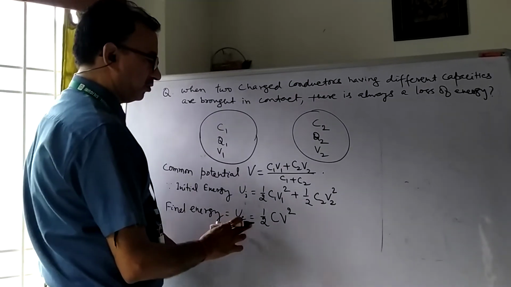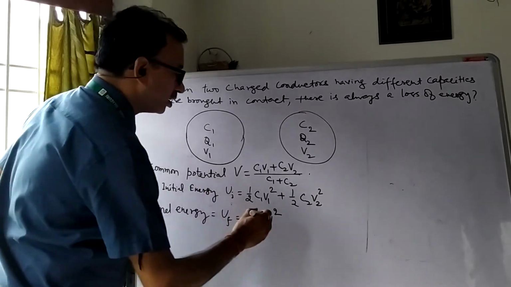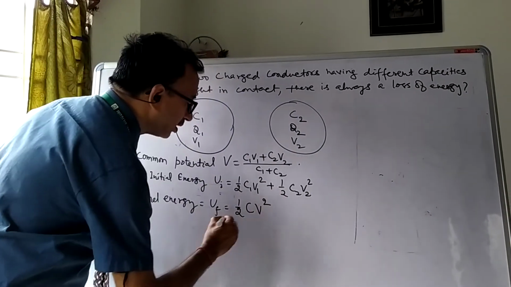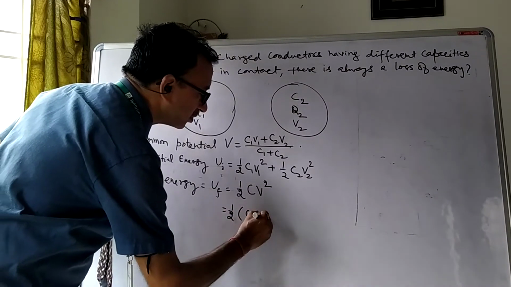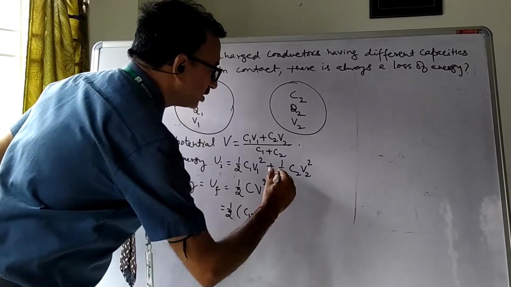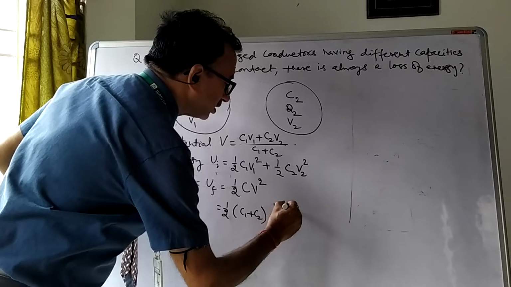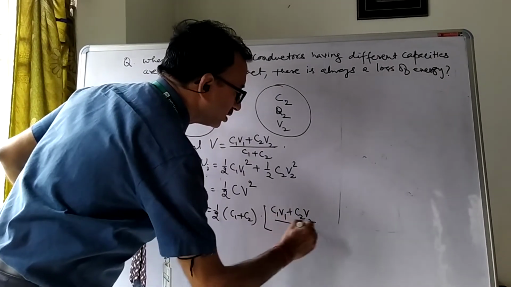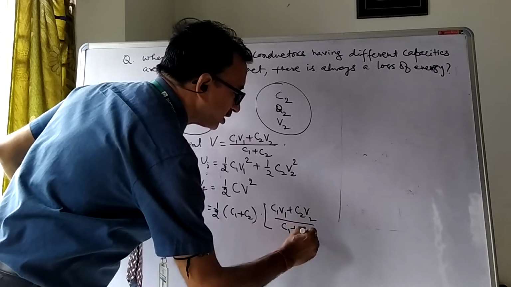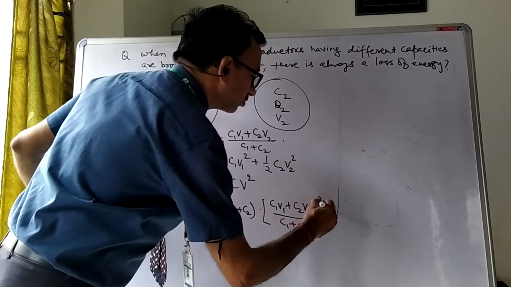Final energy UF equals half CV square. What is the value of C? The value of C is C1 plus C2. What is V? V is C1 V1 plus C2 V2 divided by C1 plus C2, whole square.